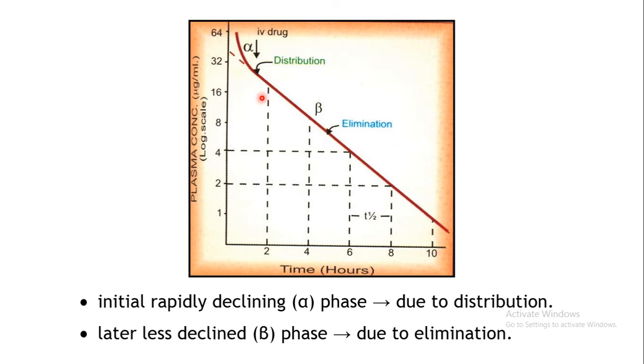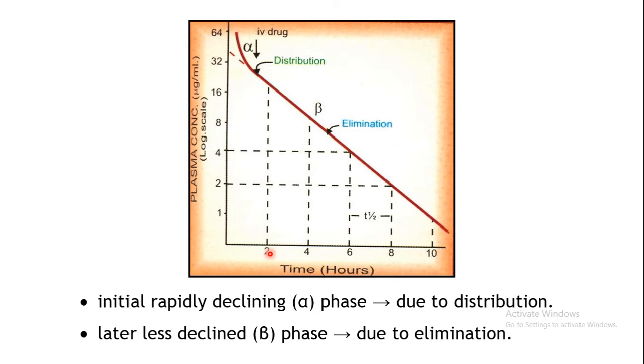Okay, now as you can see, what is happening over here? Initially it was 64, after some time it has declined to 32. So its plasma concentration is reduced to half, right? Okay, from here again, after 2 hours of administration of the drug, your plasma concentration has come down to 16 micrograms per ml.